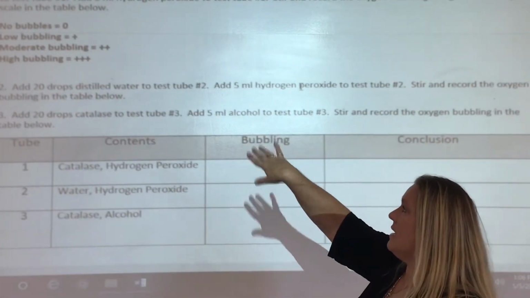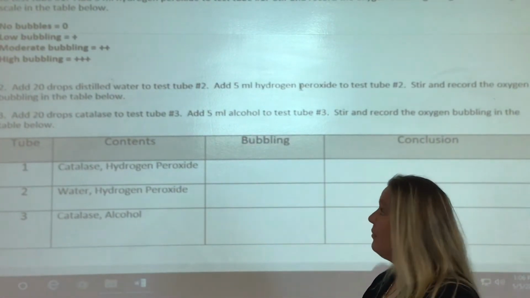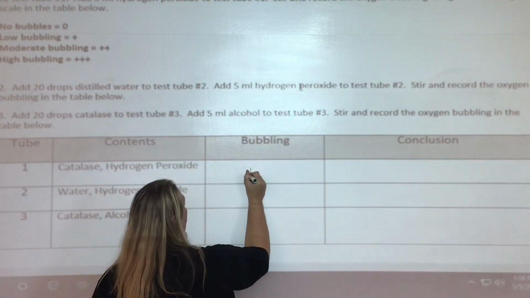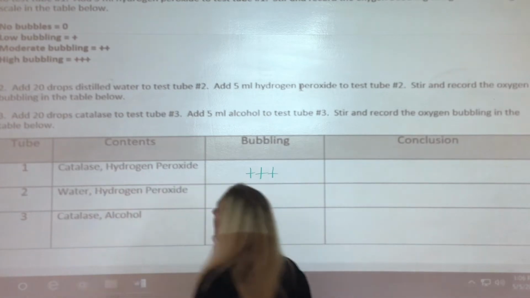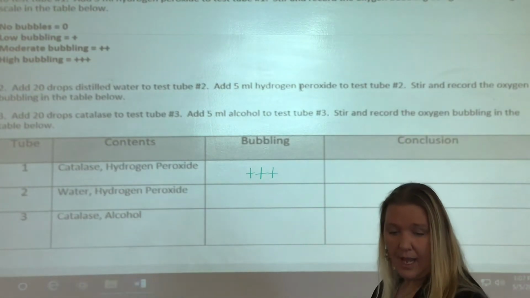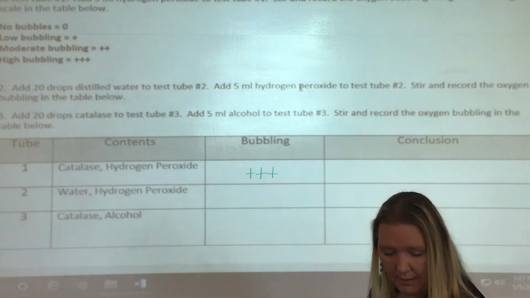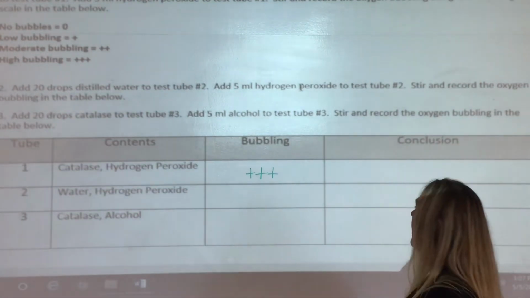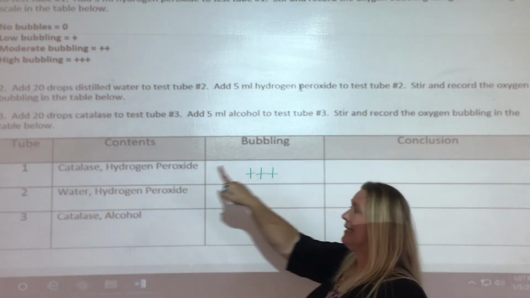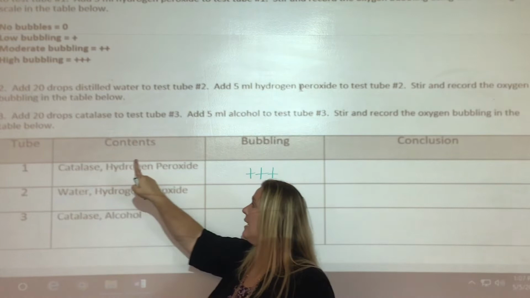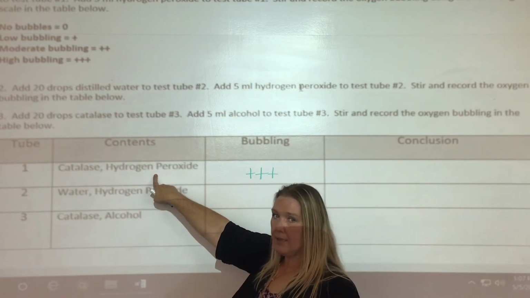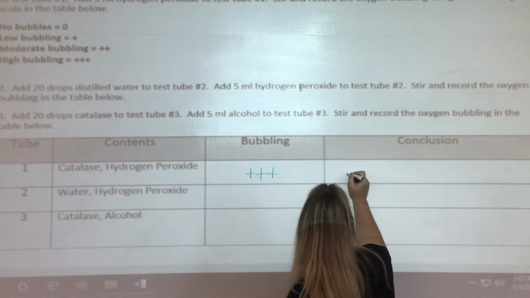So the key says for us to say if there's a high number of bubbles, for us to put 3 plus signs. So there are a high amount of bubbling. That reaction is occurring very rapidly. What does that mean? That means that that enzyme is working and speeding up the breakdown of hydrogen peroxide.